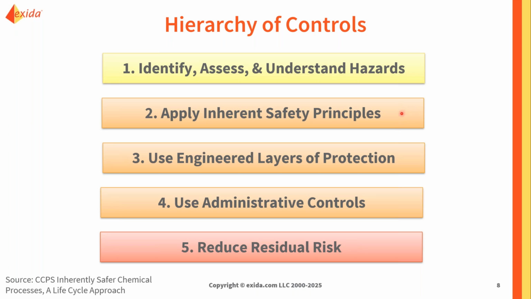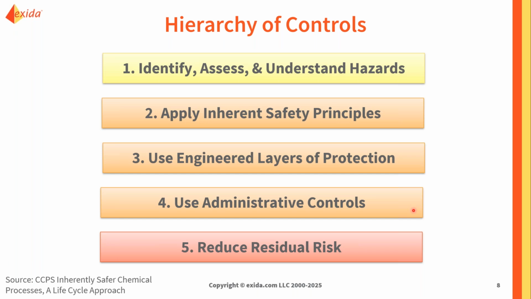Once we've exhausted what we can do to limit that consequence, then we can look at adding engineered layers of protection. These would be things like pressure relief valves, having dike walls or containment areas, looking at implementing a safety instrumented system to reduce the likelihood of a loss of containment.